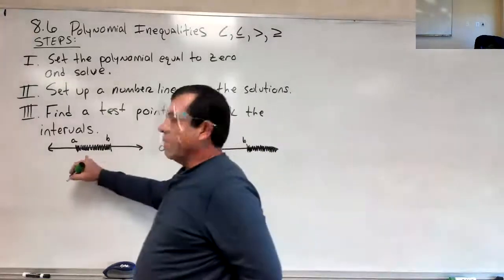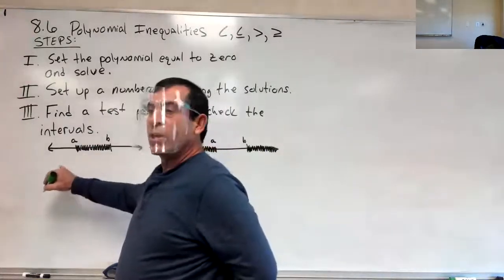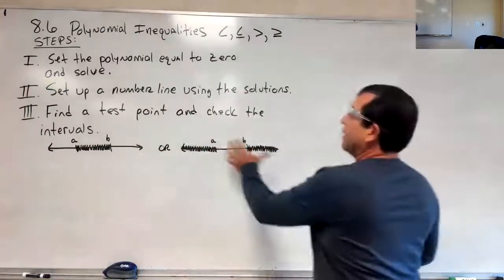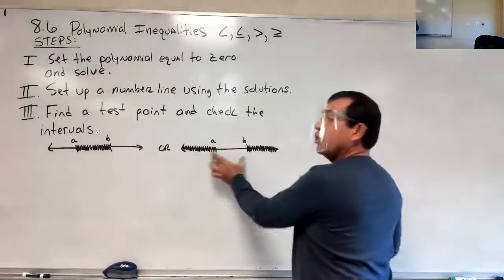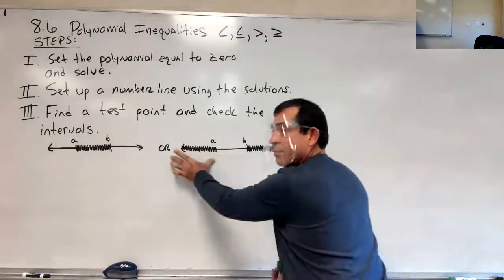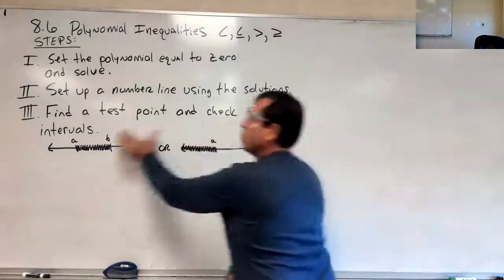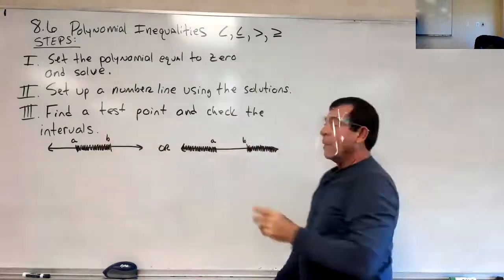So if I got style 1, it'll just be one set of parentheses from whatever number to the other number. If I got style 2, though, it'll be a union in between. It'll have this interval, union, with this interval over here. It's going to be one way or the other, okay?